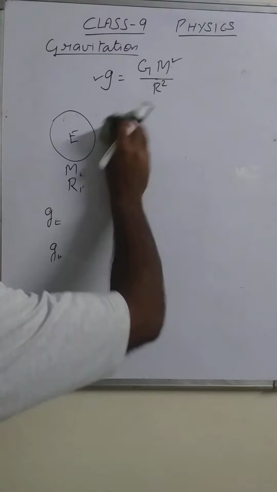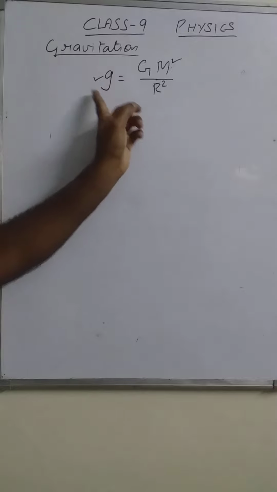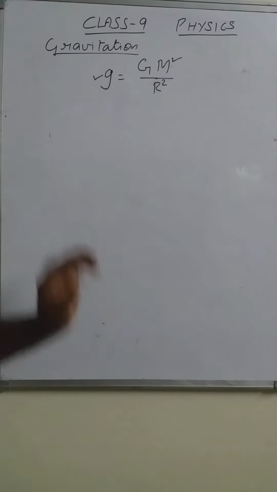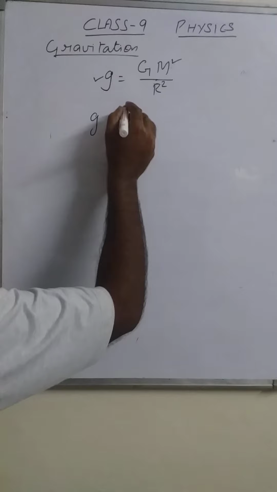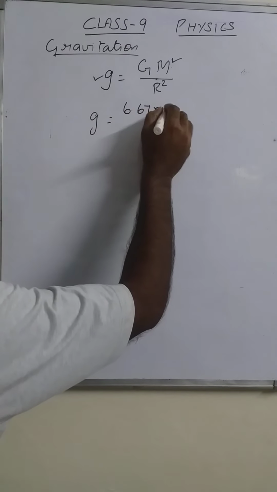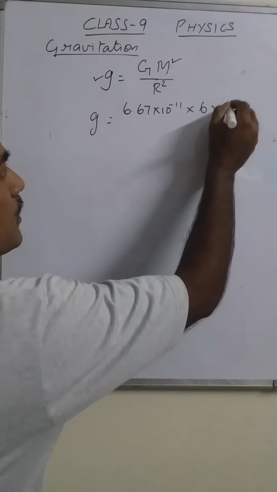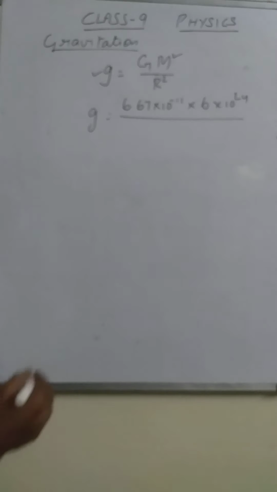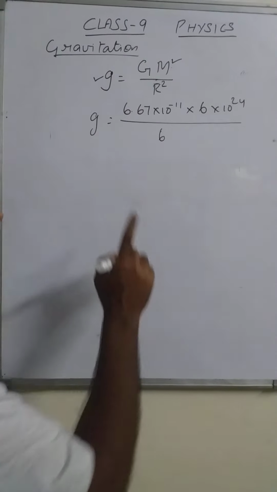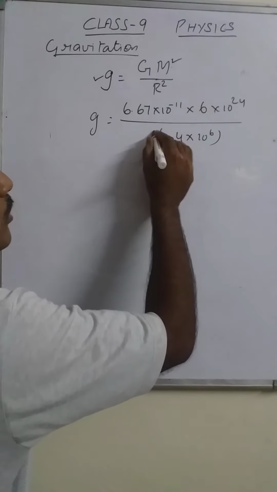This was calculated on the earth surface from this data: g equals G times mass of earth upon radius of earth square, where G is 6.67 into 10 power minus 11, the mass of earth is 6 into 10 power 24 kg, which will be given to you, and the radius of earth is 6400 kilometer, that is 6.4 into 10 power 6 meter, whole square.